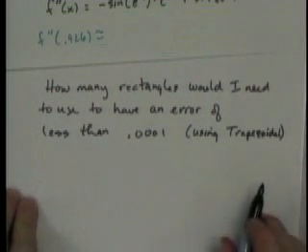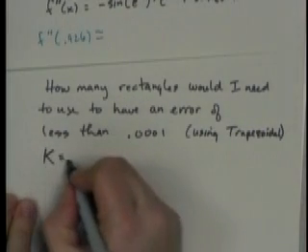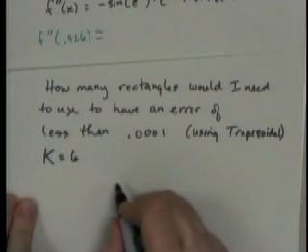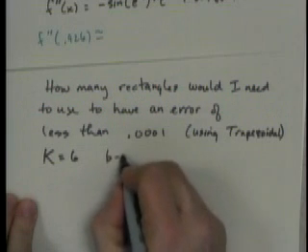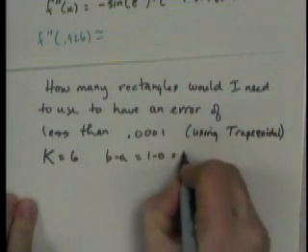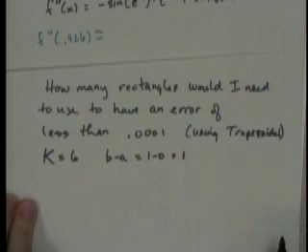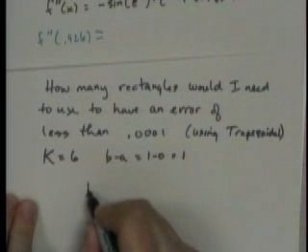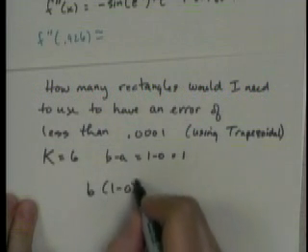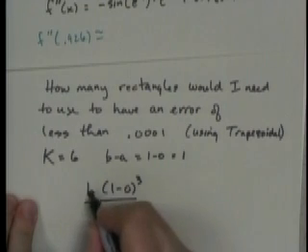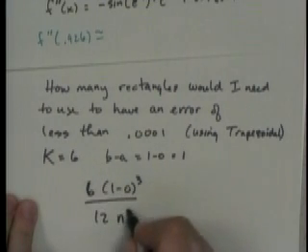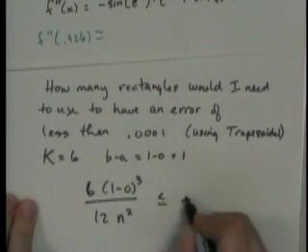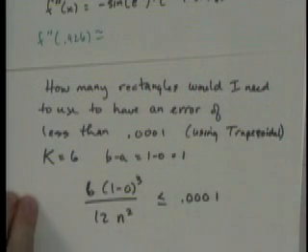And I'm going to stick everything else the same. So my k is still going to be about 6. And b minus a is still going to equal 1 minus 0, which is 1. So I want k times b minus a cubed over 12 times n squared to be less than or equal to 0.0001.